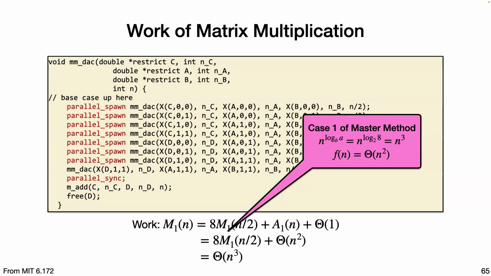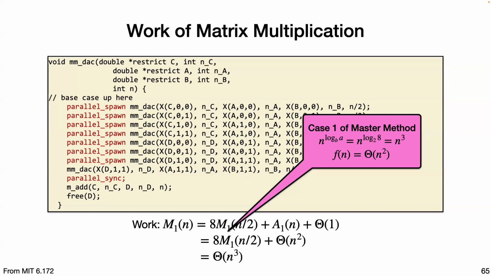And this theta 1 is just the cost to cut the subproblems. So you have to do a little bit of indexing. And A sub 1 of n is what we had on the previous slide, which is the cost to do the matrix summation. And that needs to happen at every level of the recurrence and every subcall. So this part is the same. And this is n squared, because we just got that from the sum.